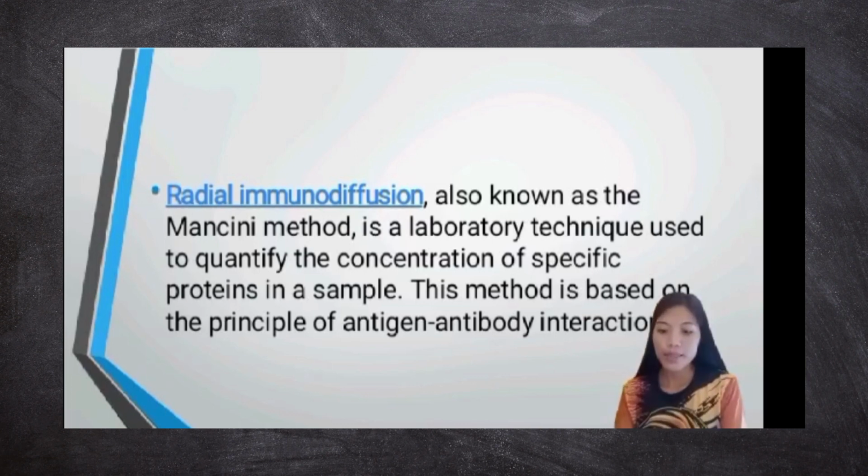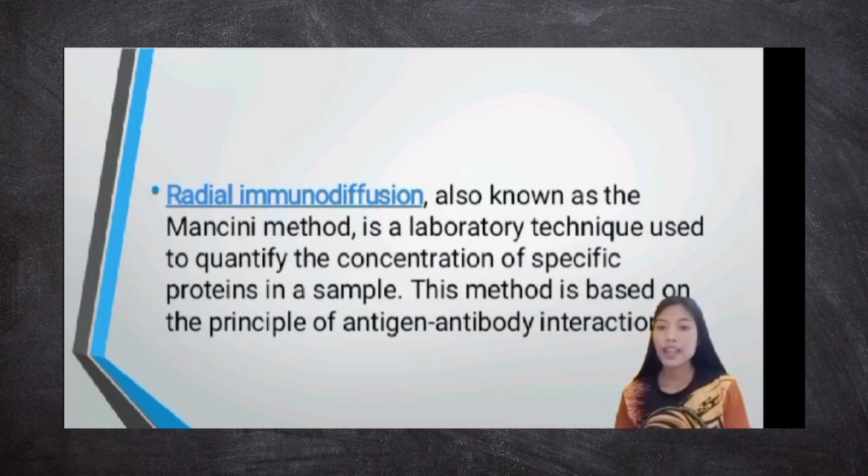The relative concentration of an antigen can be determined by a simple quantitative assay in which an antigen sample is placed in a well and allowed to diffuse into agar gel containing antibody.